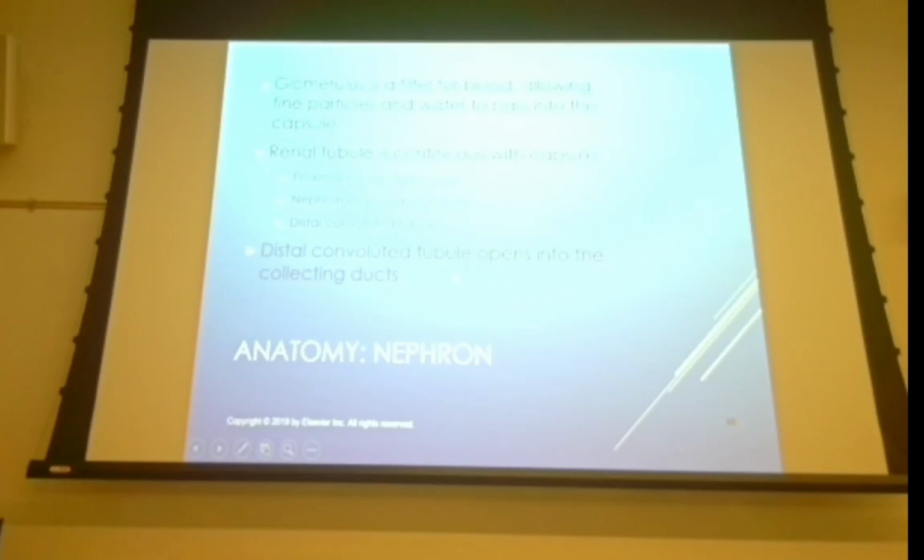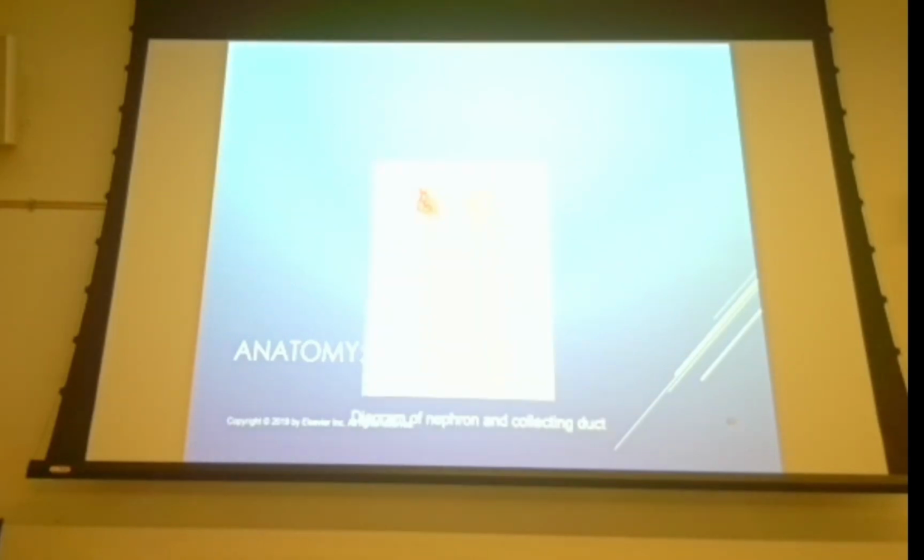We can kind of go through all this. We're not going to be that specific on the test, but that's what your nephron looks like. You got your glomerulus capsule. I think pretty much everybody in this class has already had A&P 1 and 2, so this should be familiar to you, afferent vesicles, efferent vesicles, and all that stuff.